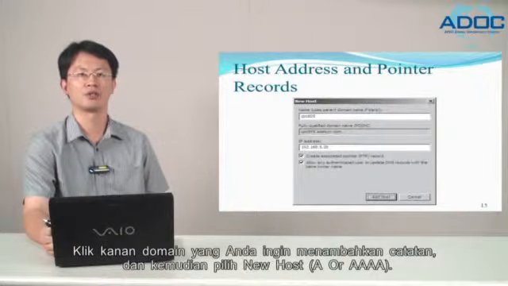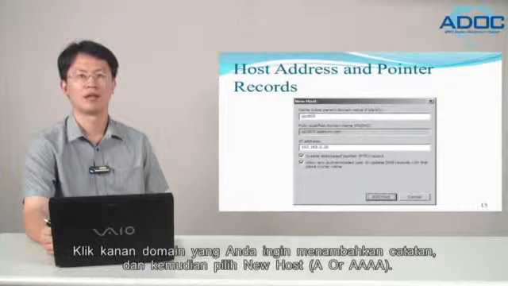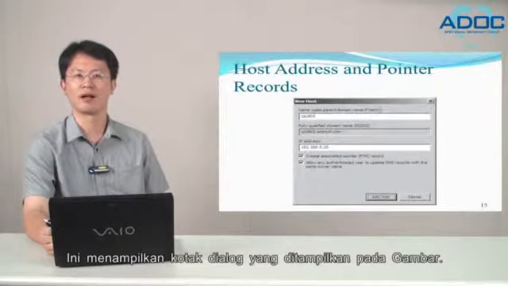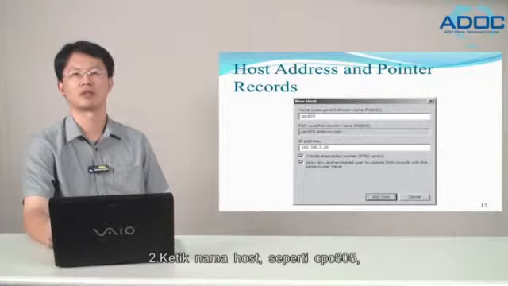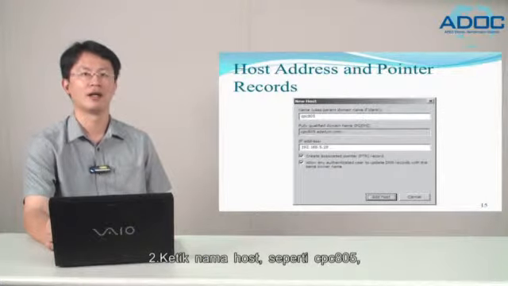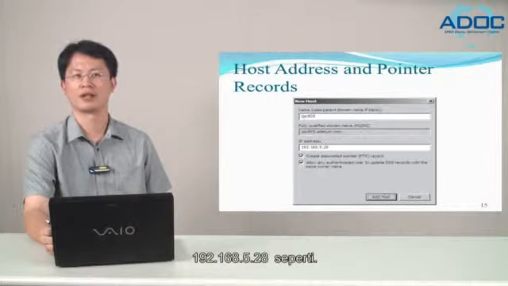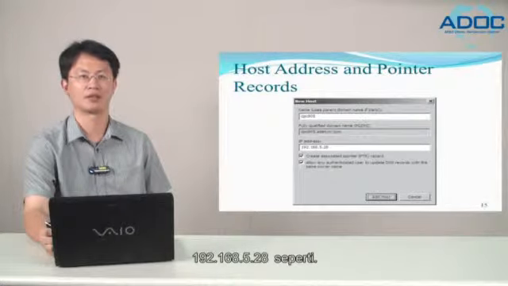Right-click the domain to which you want to add the records, and then choose New Host (A or AAAA). This displays the dialog box shown in the figure. Type the host name, such as CPC-A05, and then type the IP address, such as 192.168.5.28.